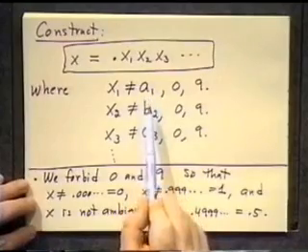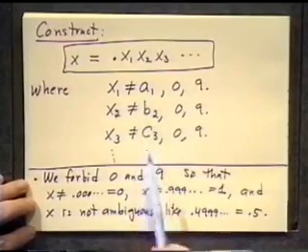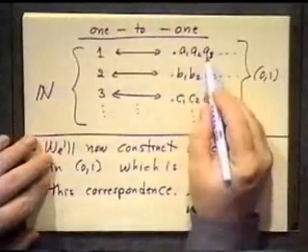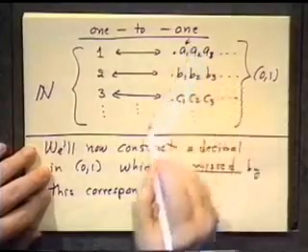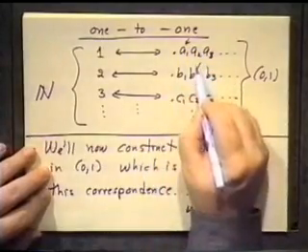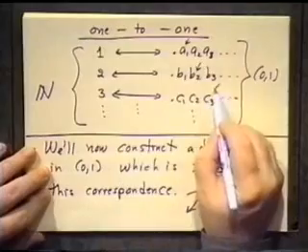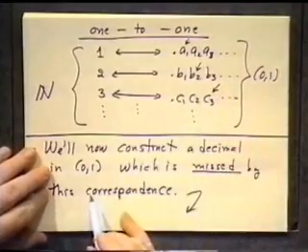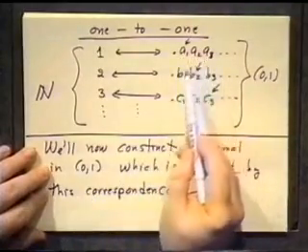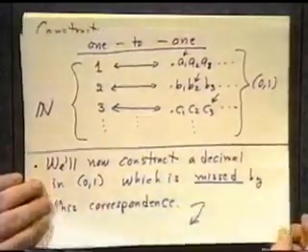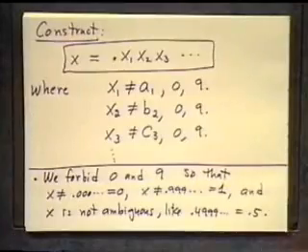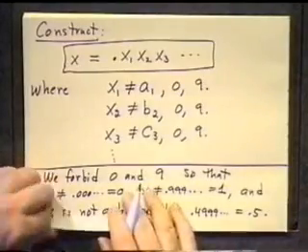Now, why did I not make them equal to a1, b2, and c3? Well, look back here. Remember that these were the first three in my particular listing here. I'm saying that x1 is not equal to a1, x2 is not equal to b2, x3 is not equal to c3. So that's going to make x different from this one, and this one, because it differs in at least one decimal place. So let's see what sort of conclusion we can draw from that. Let me write down what I've got.